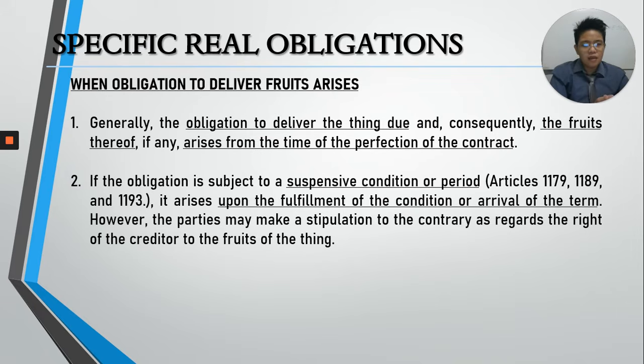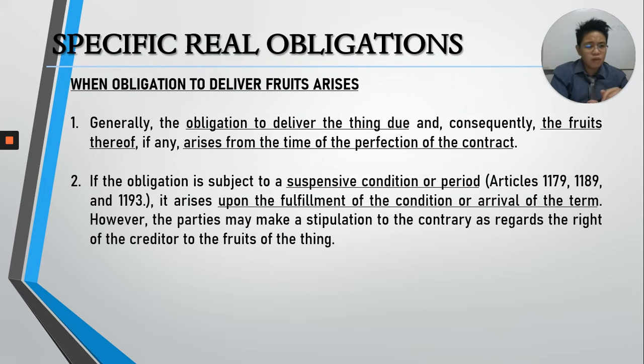So, obviously, the obligation to deliver the fruits will arise only when the condition happens or when the term arrives. Anyway, we will discuss more of that in Chapter 3.